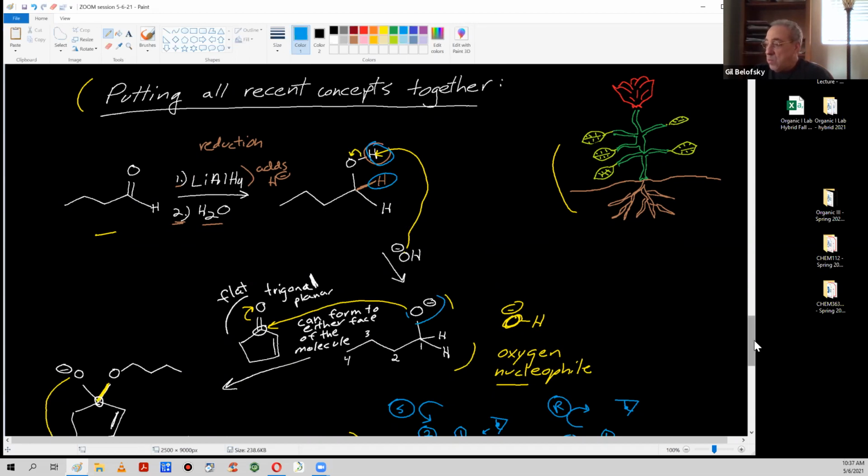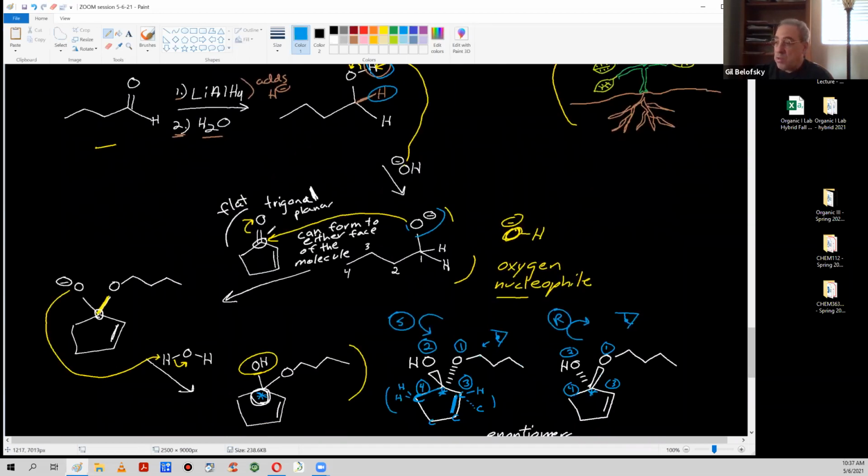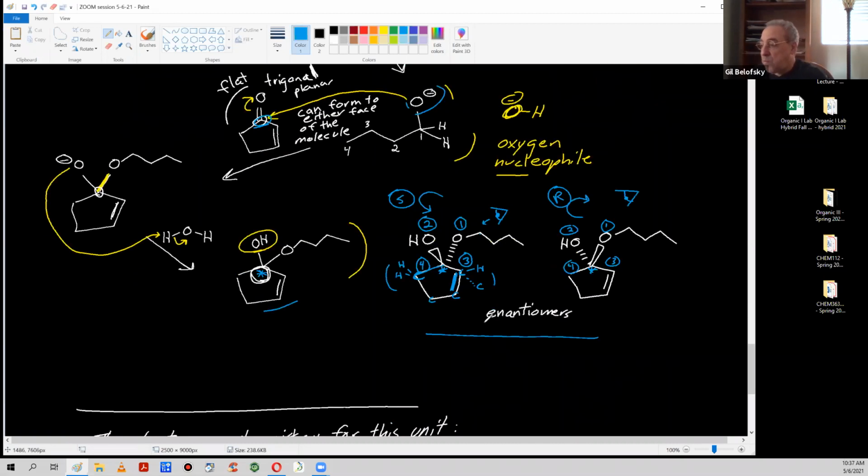We then use that as an oxygen nucleophile on a ketone to form the final product. And then we realize that that final product is chiral, exists in 2 forms that are enantiomers and mirror images. And then we assigned those just for review.